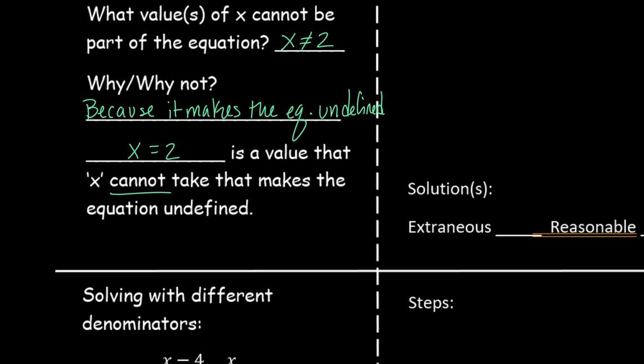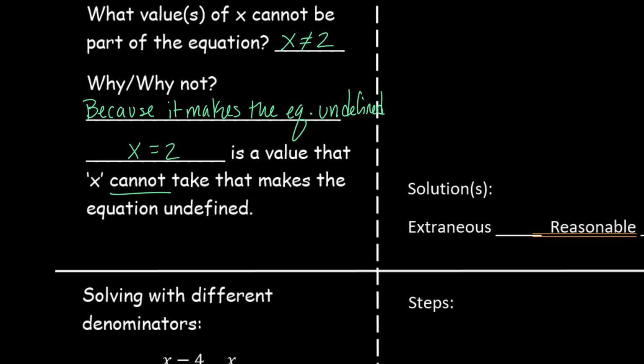Now, if when you're solving this equation, you happen to get a solution that is this number, so say we're solving this and we get maybe x equals 2 and also x equals 4. That x equals 2 solution is now called an extraneous solution, meaning it can't work. You can't have it. It's not a real solution. It is extraneous.